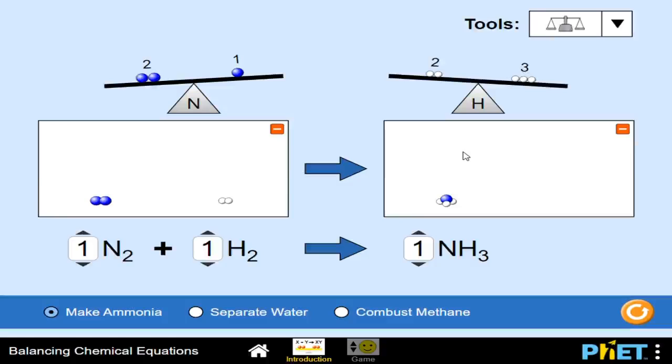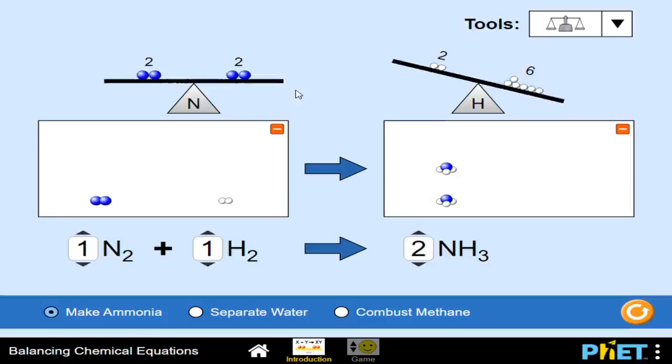Well, if I come over here, this is the side that needs more nitrogen. I'm going to increase the number of NH3 molecules. So if I give 1 more, oh, now my nitrogen is balanced. I start with 2 atoms, and now I'm ending with 2 atoms.